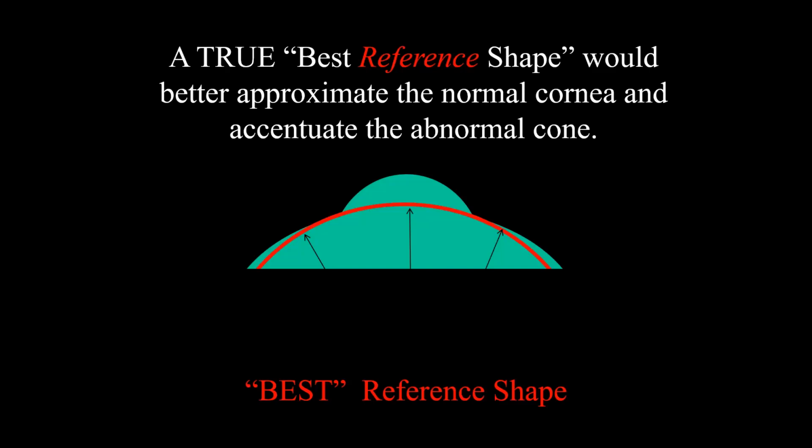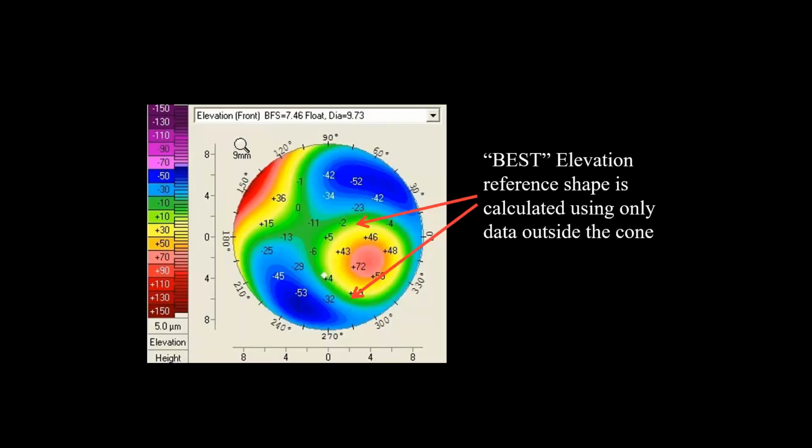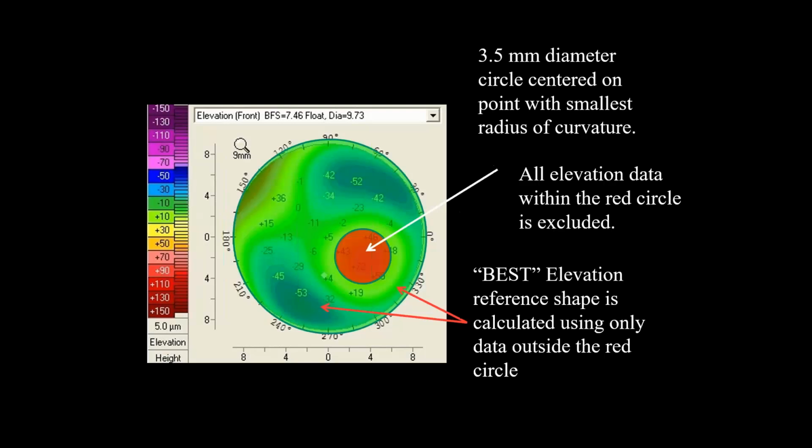What we've done in the BAD display is this: the standard way we compute a best fit sphere is that we utilize all the data within an 8mm zone. To develop what we call the enhanced reference surface, we've taken that same 8mm zone, but we've created what we call an exclusion zone.